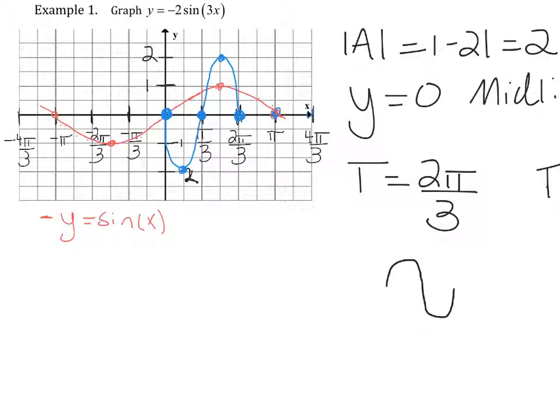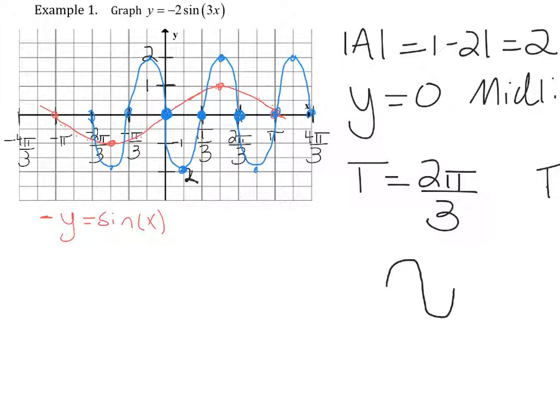So it's going to hit its midline basically every pi over 3, and then it's going to hit its maximum and minimums halfway between those. And then it just keeps on going on like that.